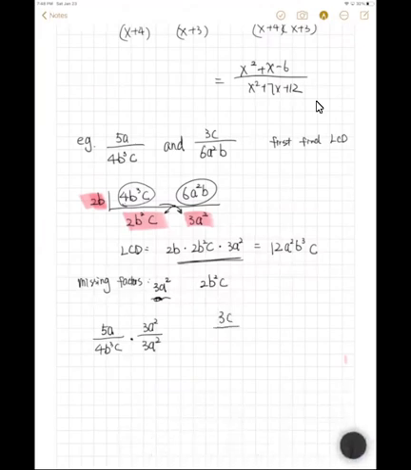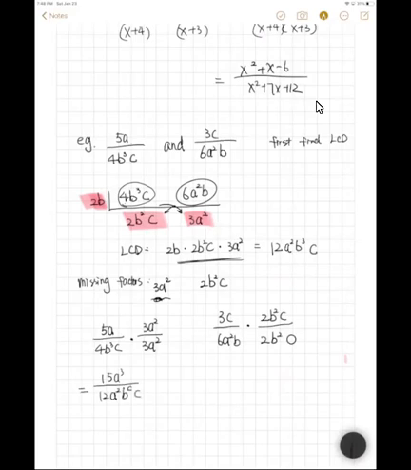3c. The second term, the missing part is 2 times b squared c over 2 times b squared c. Okay, so for the first term, I have 15a to the cube over 12a squared b cubed c.